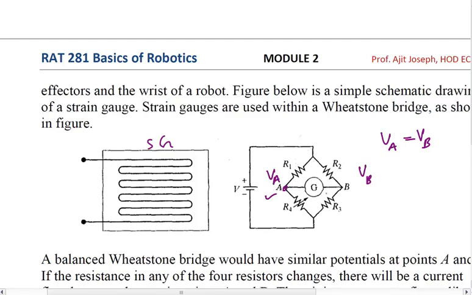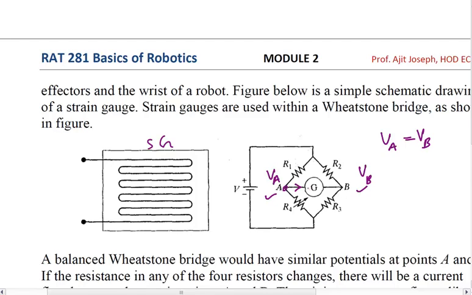If this potential is the same as this potential, then no current will flow through this wire. So the galvanometer, which is there in the center, which I have written as G, will not shift. What does the galvanometer do? A galvanometer only senses if there is a flow of current. Okay, so I can sense if there is a current flow.